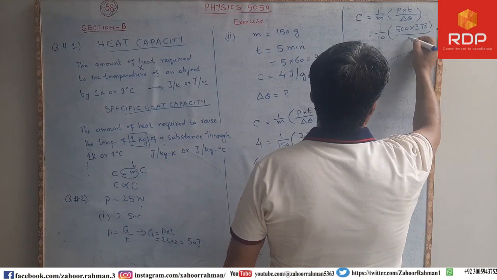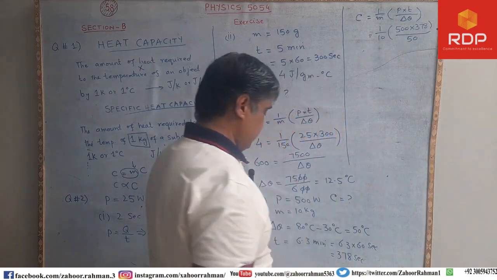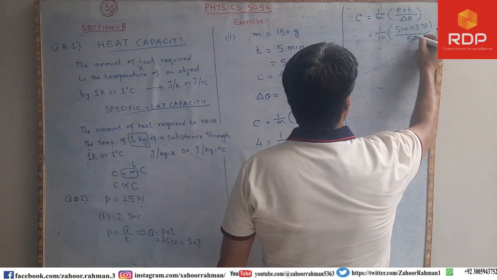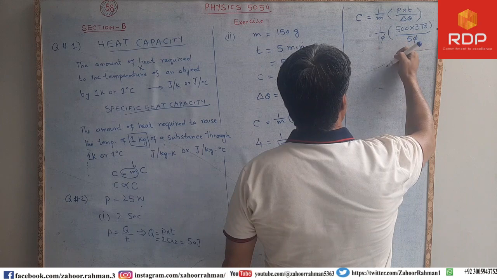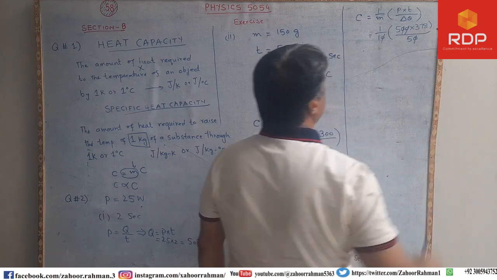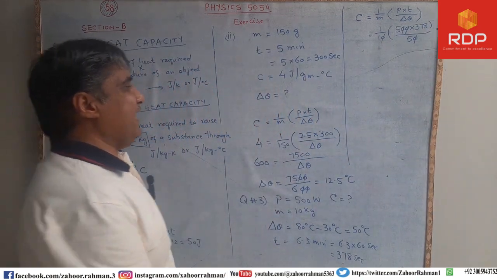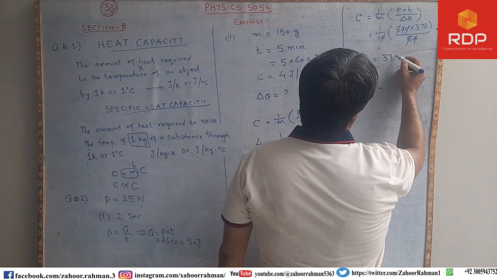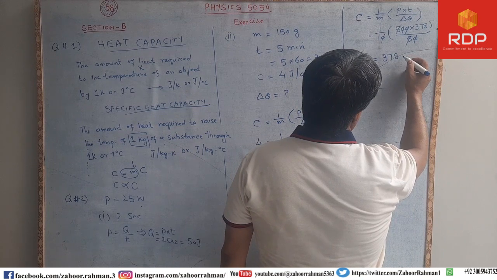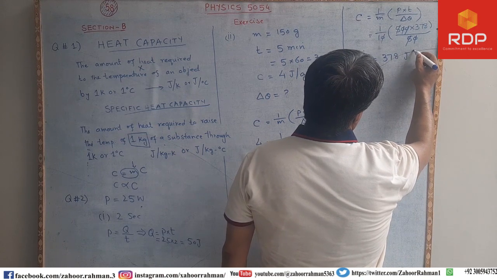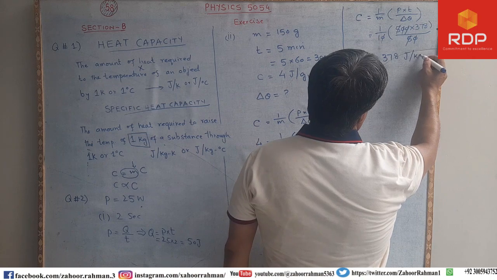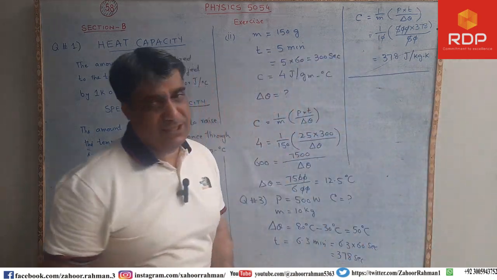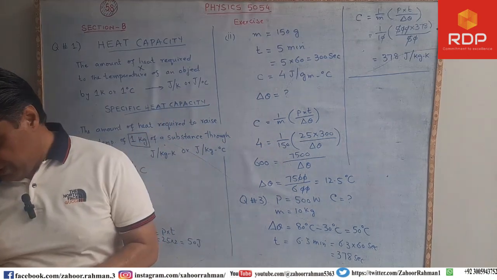And delta theta is 50. We found that as well here. So this 0 will be cancelled with these two zeros, and this 5 will be cancelled with this one. So we will only be left with 378 joule per kilogram per Kelvin, and that will be the final answer.